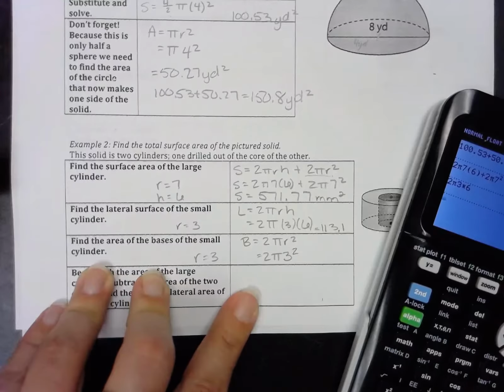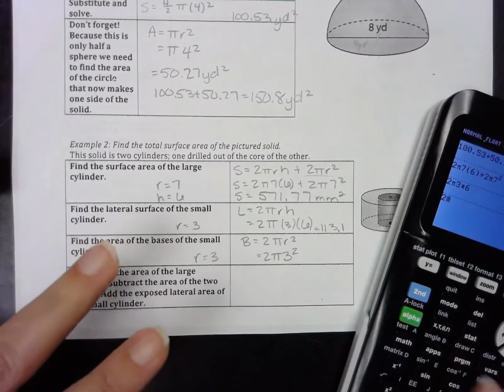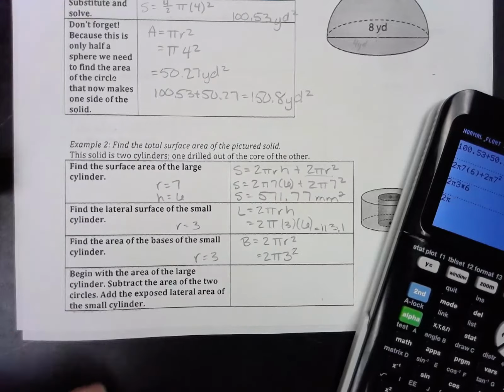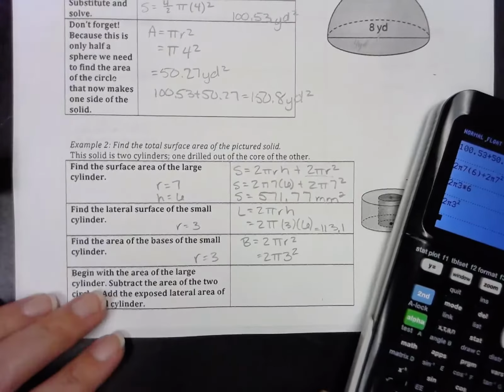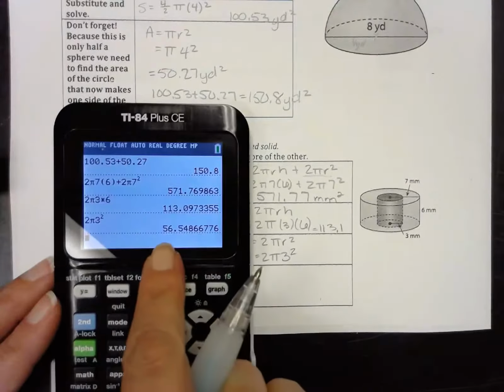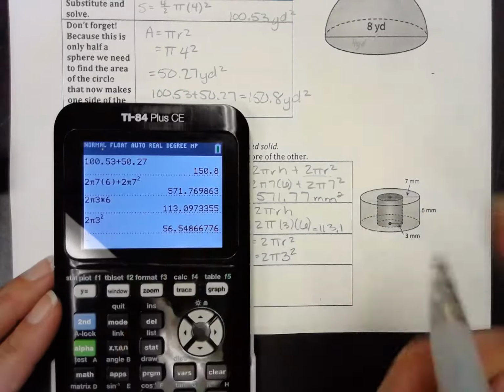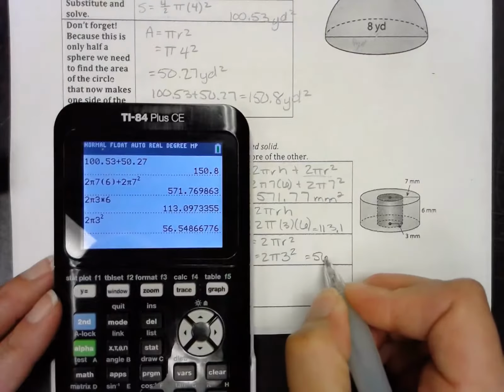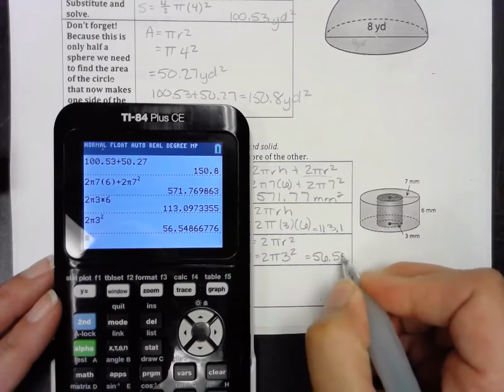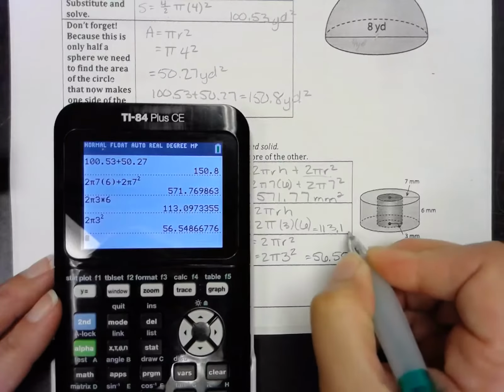So we'll say 2, because there's two bases, times pi times the radius squared. And we find that both of the bases together have an area of 56.55 millimeters.